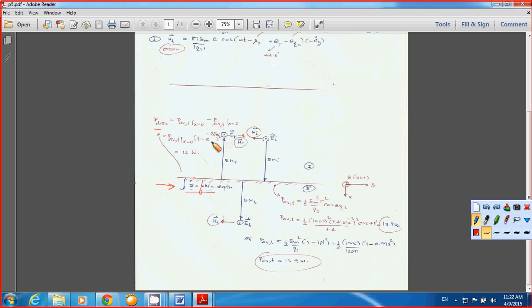This is the P average of the transmitted electromagnetic wave, and at the skin depth you need to multiply by exponential negative 2 delta alpha 2, but delta multiplied by alpha 2 is equal to 1 because they are inversely proportional, so you subtract exponential negative 2. You're going to have the power dissipation to be 12 watts. Okay.